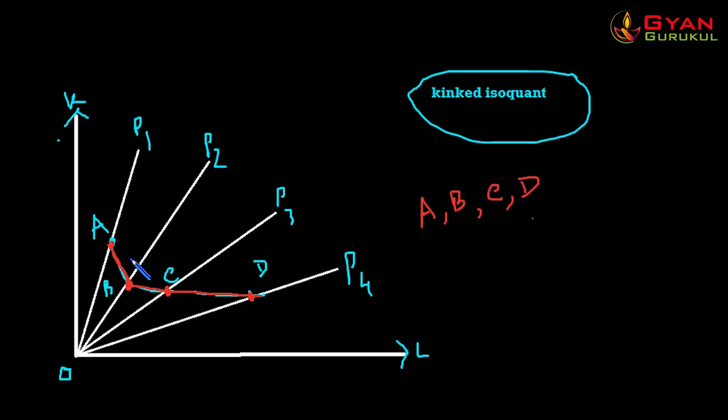So this is called the kinked isoquant. Why do we call it limited substitutability? Because you can substitute labor and capital only in specific amounts. When you come from A to B, this much you can substitute. From B to C, this much of labor and capital you can substitute.